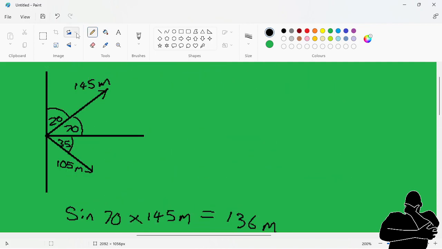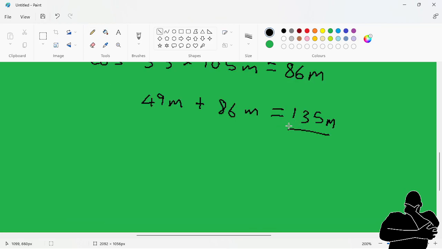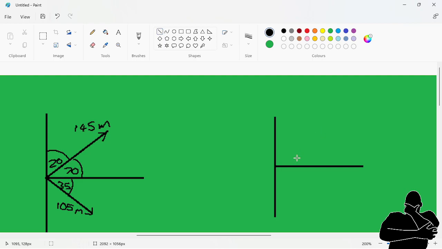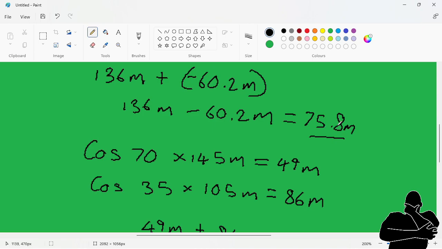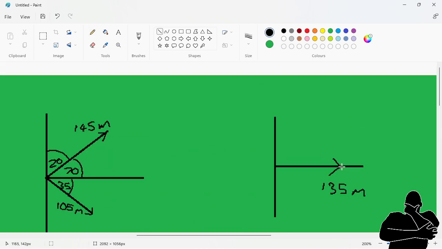So let us draw yet another diagram. Now this horizontal component is 135 meters, so it is going to go along here. And that is 135 meters. The vertical component is going to be 75.8 meters, so that goes up here.